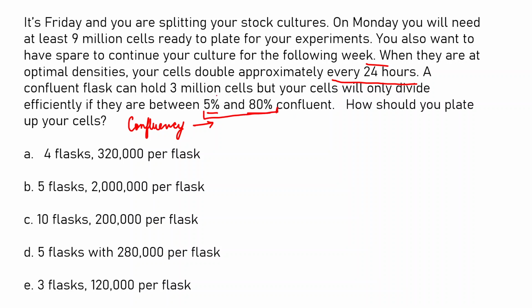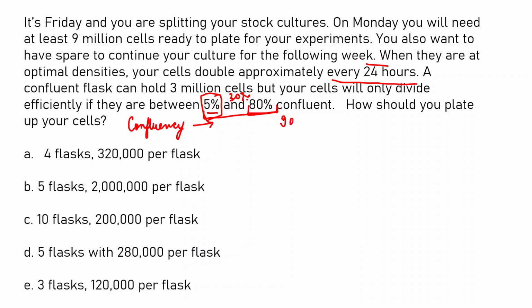Now, an important thing to remember here is that if they are only 5% confluent or even just 30% confluent, that is not the optimal confluency, and in such a scenario they will take time to divide, and even when the doubling time is 24 hours, your cells will not reach the required density. So it's always better to have 80% confluency but not higher than 80%.